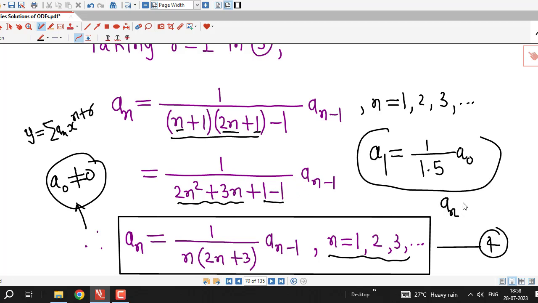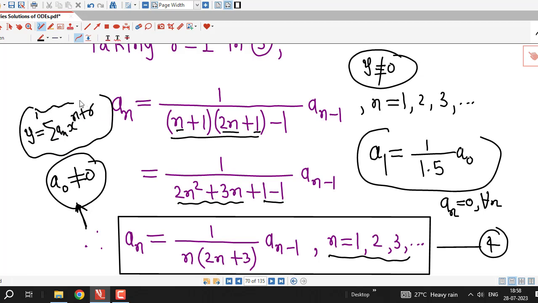In short, if I consider a0 equal to 0, then an will be 0 for all n, and our solution will be trivial, that is y equal to 0. We are interested in a non-trivial solution, therefore we have taken a0 as a non-zero real number at the starting point of our solution. So whenever we start with our Frobenius method, we assume our solution in this form, with the assumption that a0 is not equal to 0.